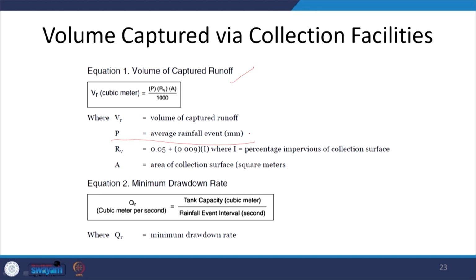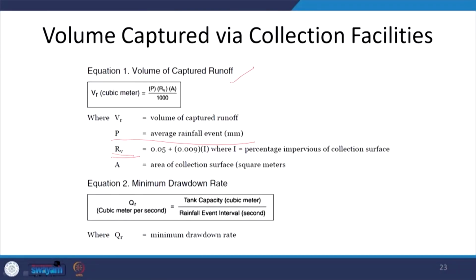Dry places which have less rainfall will not have as much of a problem as compared to the warm and humid areas which receive a lot of rainfall. And then there is the runoff coefficient, which is directly dependent upon the imperviousness of the surface. The higher the imperviousness, the higher the runoff coefficient, which we have seen in the previous table as well.